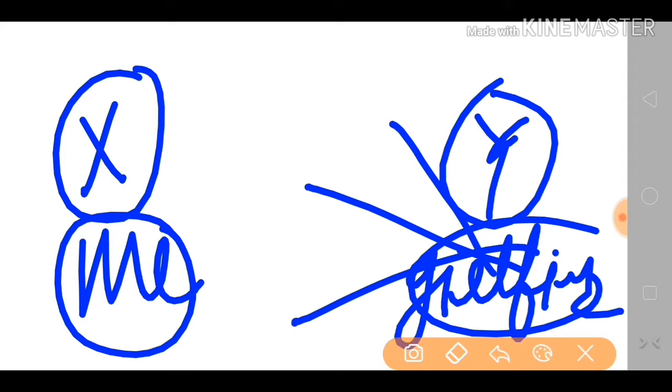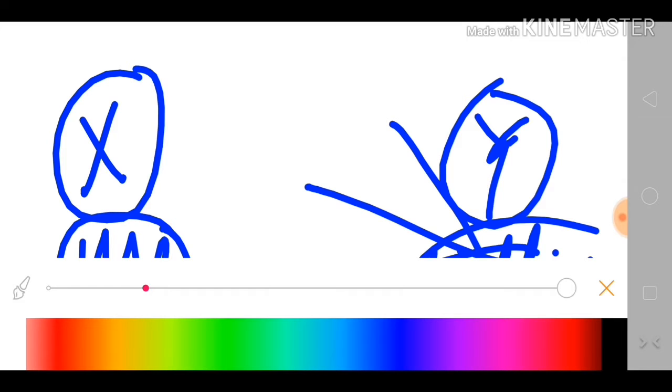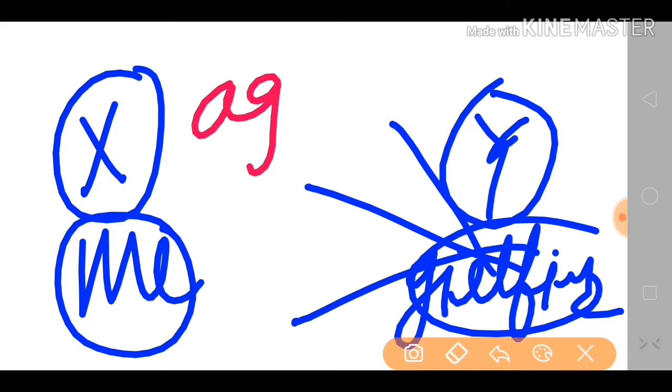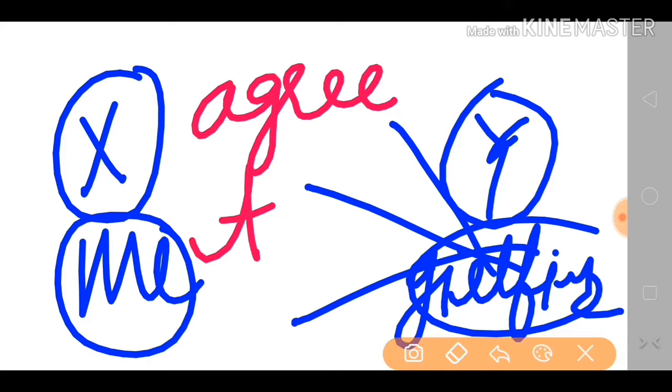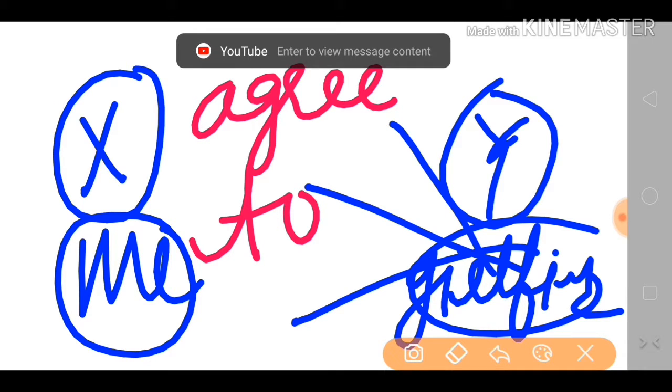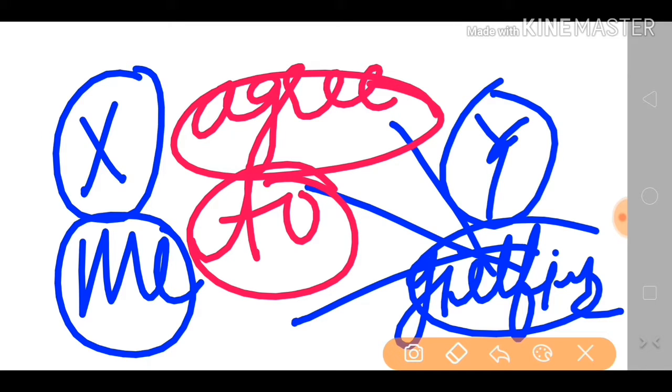We use agree to when we agree with any person's proposal, idea, plan, strategy.